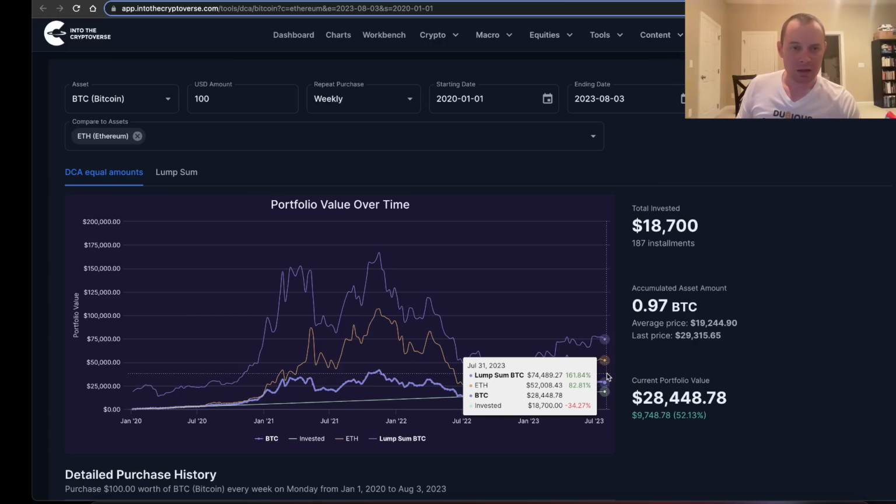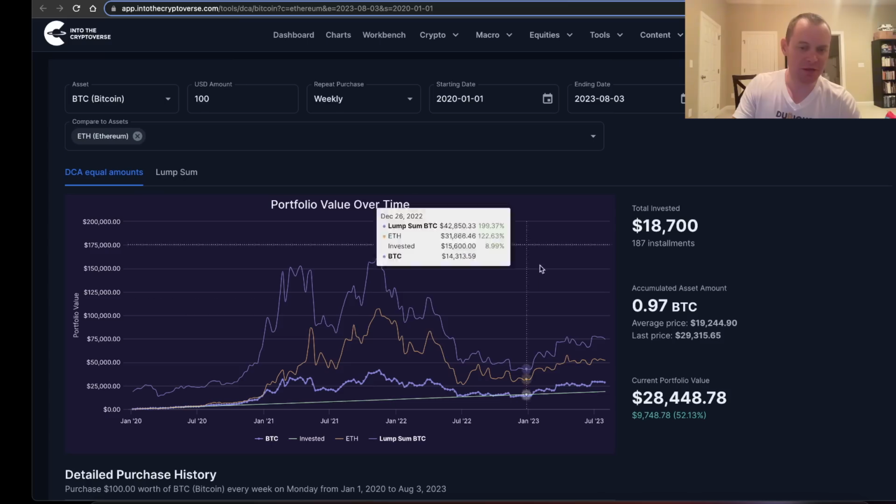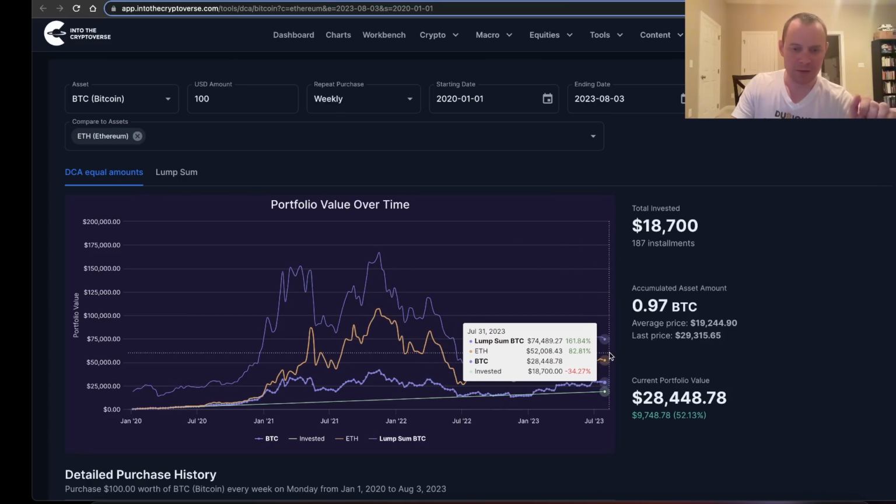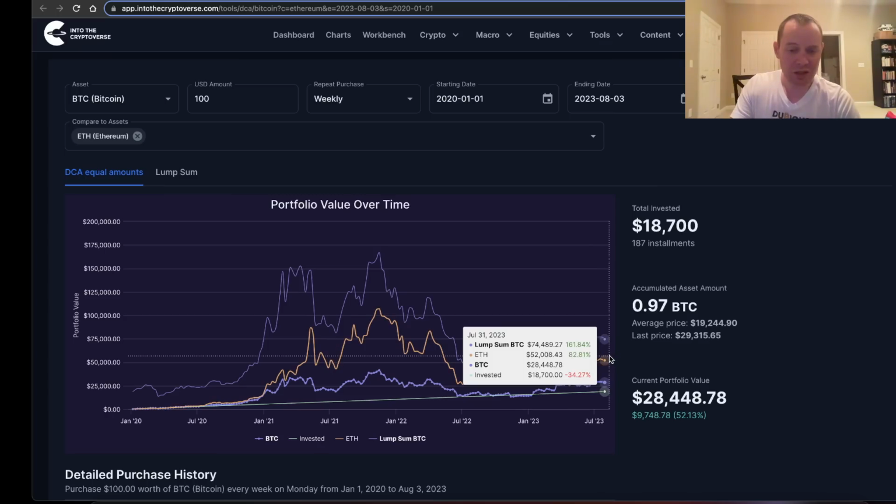There's a lot of kinks to work out in this, and there's a lump sum tab you can look at, but we're just going through the basics here. It shows you that a DCA ETH strategy starting January of the halving year would have outperformed a DCA Bitcoin strategy by 82.81%.